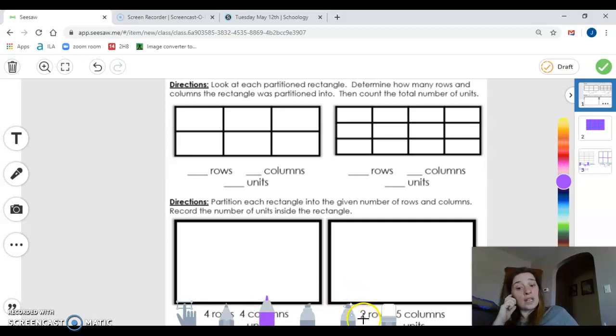Don't let this one that only has 2 rows trick you like mine did. Make sure you go back and count, and then count how many units you have in your whole rectangle. Remember, when we partition them, we want to keep them as equally spaced out as we can. Look how nicely these top 2 are spaced out. Do the very best that you can, making straight lines and partitioning them.